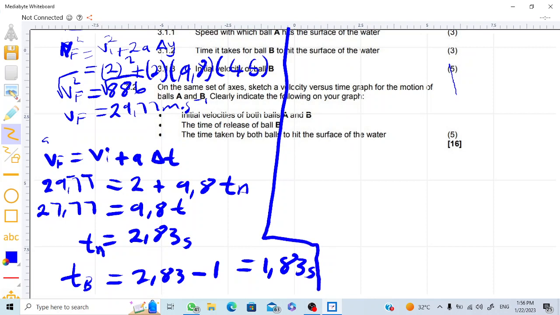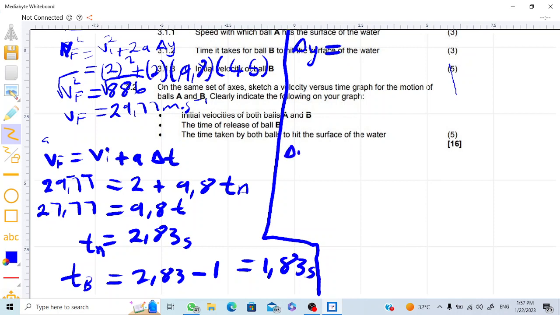Okay, now calculate the initial velocity of ball B. So we are asked now to calculate the initial velocity of ball B. V initial of ball B, we are going to use delta y, which is equal to, I hope you guys can see, let me write a little bit below.